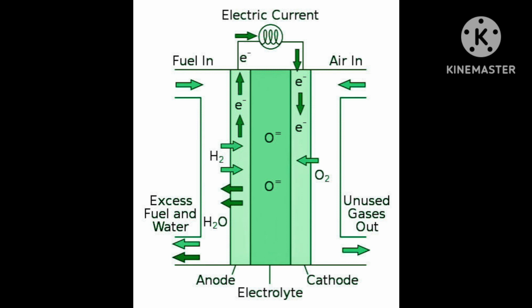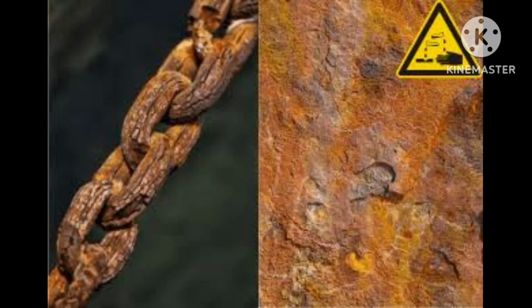Now it was used in the beginning for providing electric power in the Apollo space program. When the Apollo satellite was sent, long back, before 1975, this fuel cell was used in that Apollo satellite.